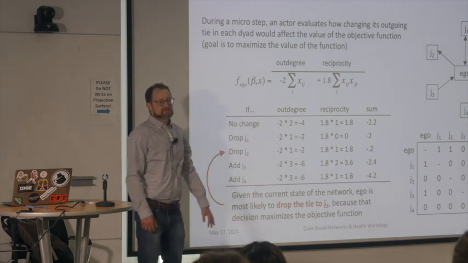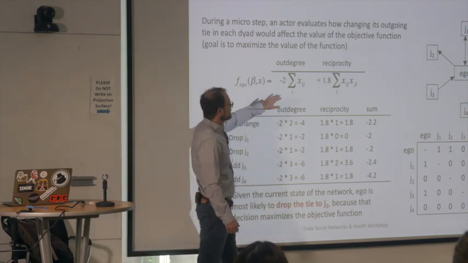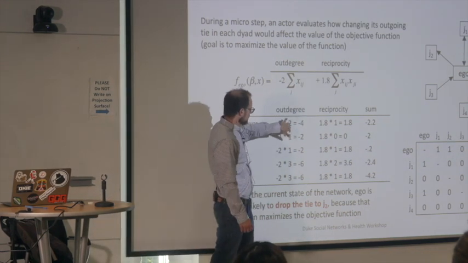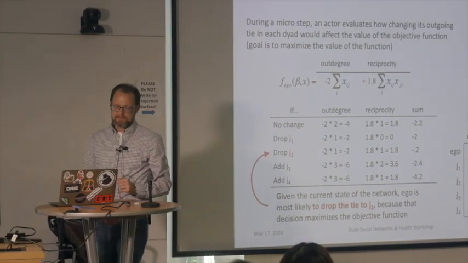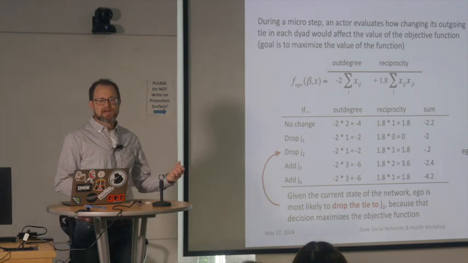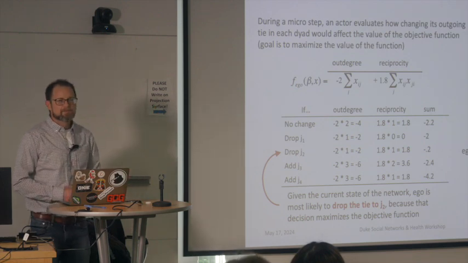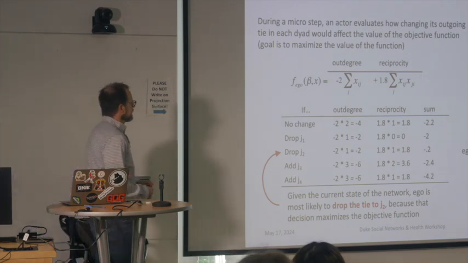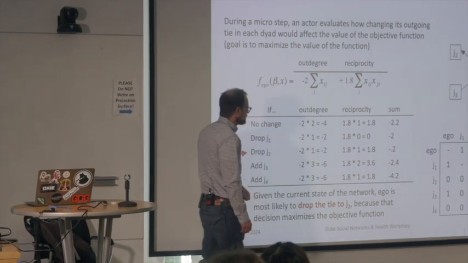For each of these, we're going to say, how would that affect these two statistics in the model? And you can follow the math there. I'll let you do that on your own. But it works out to be each potential tie, or dropping a tie, has a different utility according to the current model, according to the current set of coefficients up here.